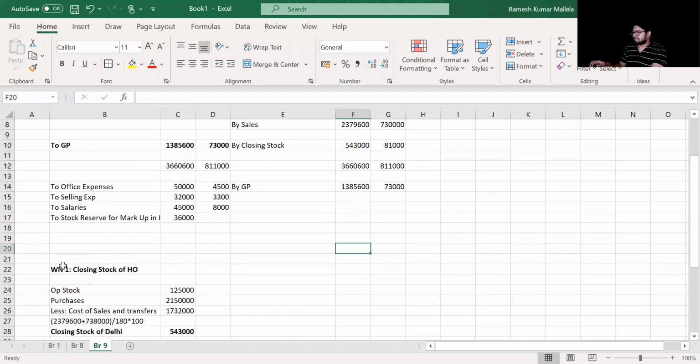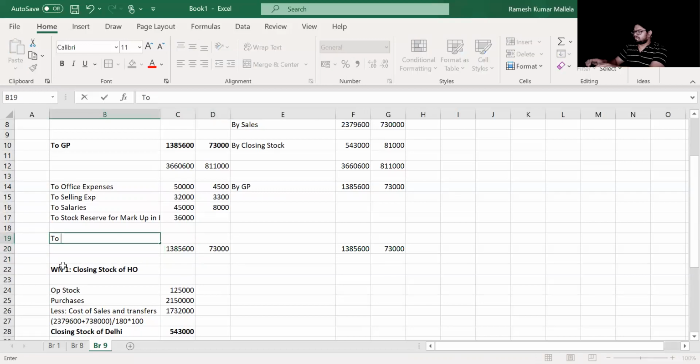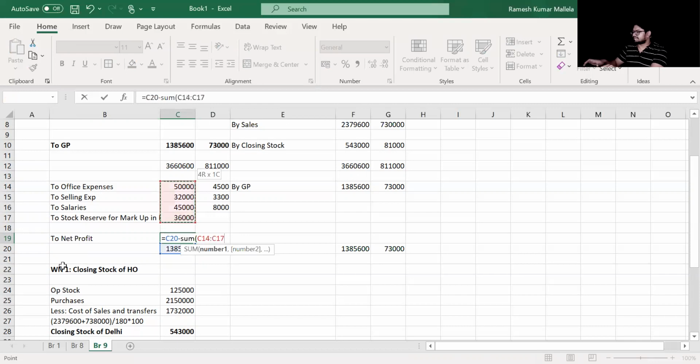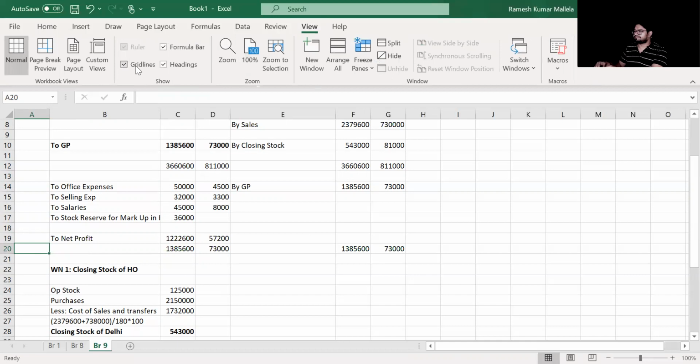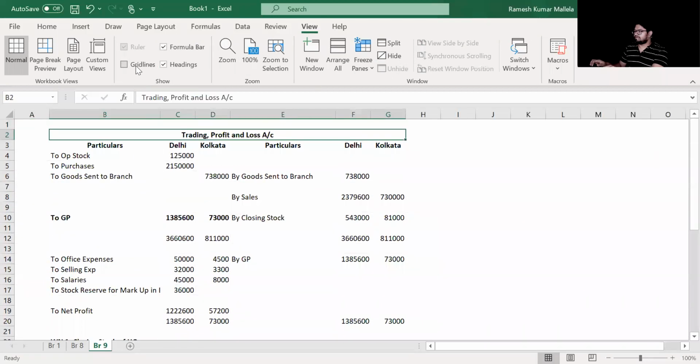Okay. So with this, let us close the accounts. Let me close the account here. On the credits, I'm taking total. Same totals, let us take. To P&L profit. Okay. To net profit. To net profit is equal to this minus sum of all these. Okay. Same here. So this is how you prepare your account.